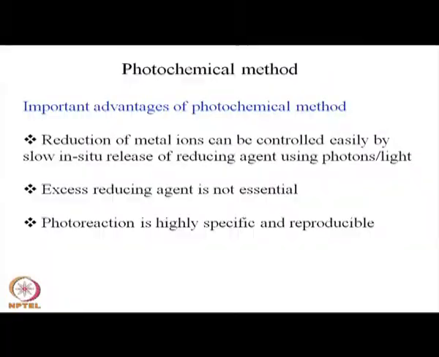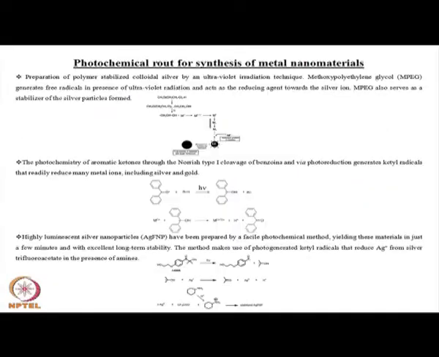Let us see. Photochemical route for the synthesis of metal nanomaterials. There are several methods available, of which I am just giving you an idea. Preparation of polymer stabilized colloidal silver by ultraviolet irradiation technique. In this case, methoxypolyethylene glycol generates free radical in presence of UV radiation and acts as reducing agent towards the silver ion. So, silver ion is reduced.